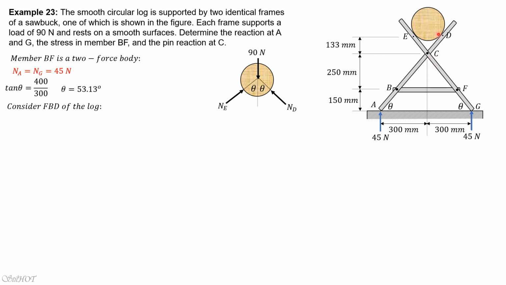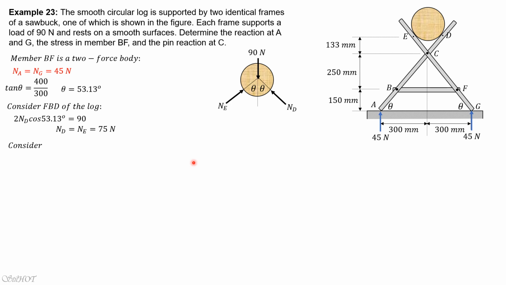Remember that the angle of inclination is also equal to the angle between the normal and the vertical. So we have the normals and this is the vertical, so that's why they are equal. Summation of forces in y equals 0, so 2N_D times cosine of theta, cosine of 53.13, equals 90 newtons. So solving, N_D equals N_E equals 75 newtons.